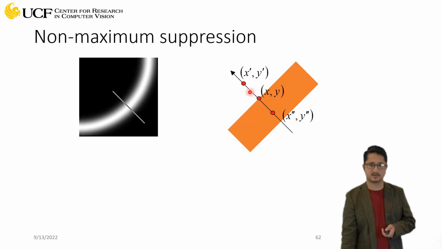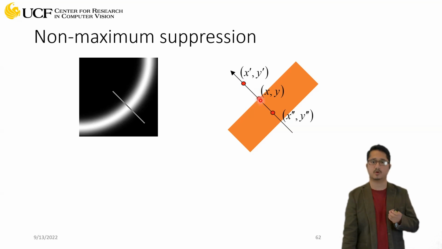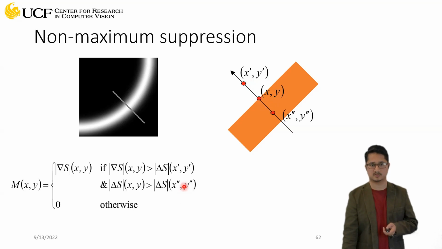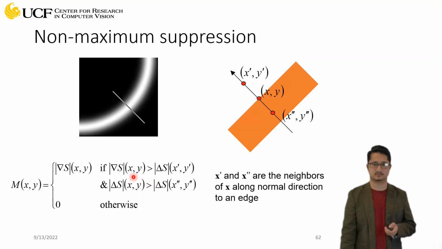In this case, if these three are pixel values x dash, y dash, xy, and x double dash, y double dash, then at this location you will call this an edge only if the magnitude of your first order derivative is greater than at x dash, y dash, and x double dash, y double dash. Otherwise, it's not an edge. So that's a very, very simple rule here. It's just saying what I explained.